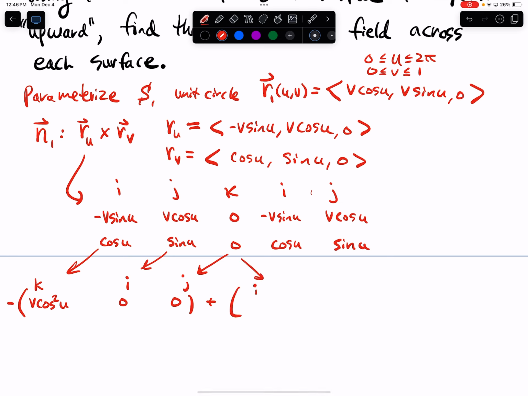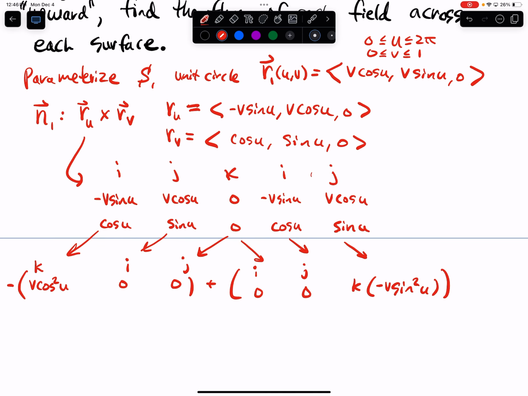For the i component, I get 0. For the j component, I get 0. And for the k component, I get negative v cosine squared u minus v sine squared u.